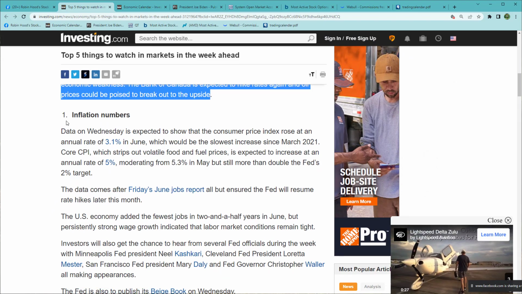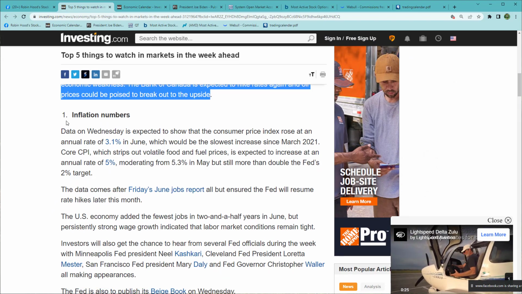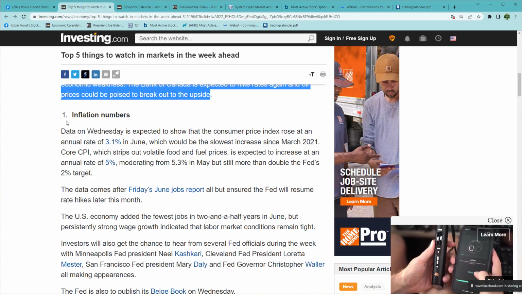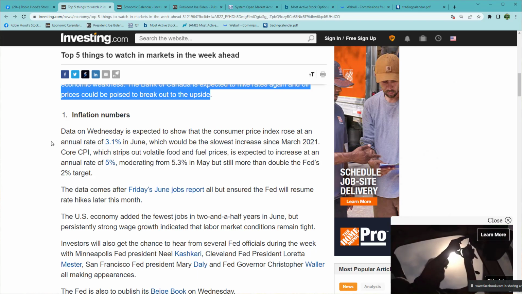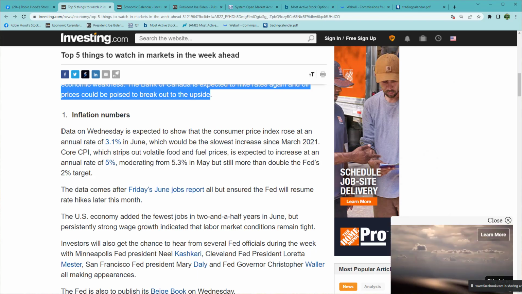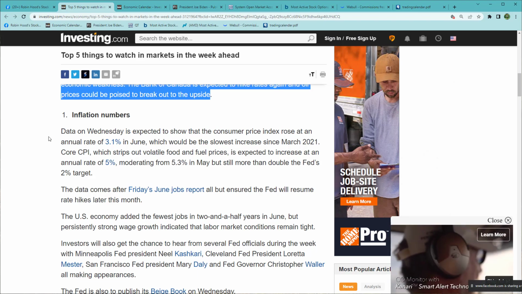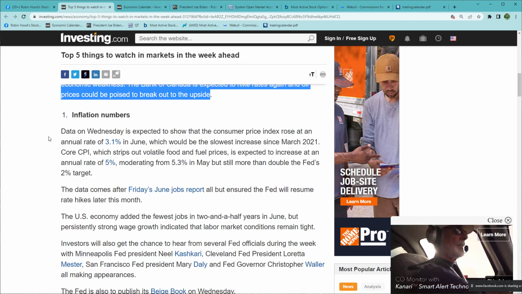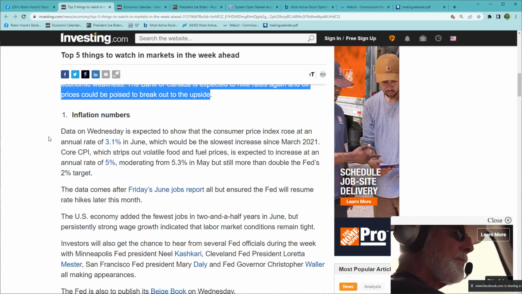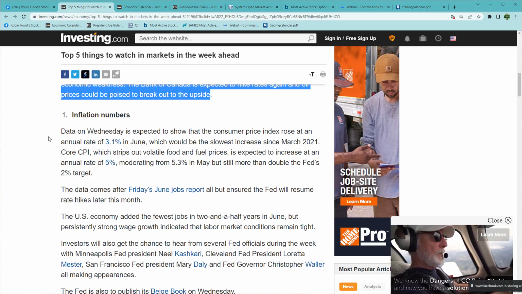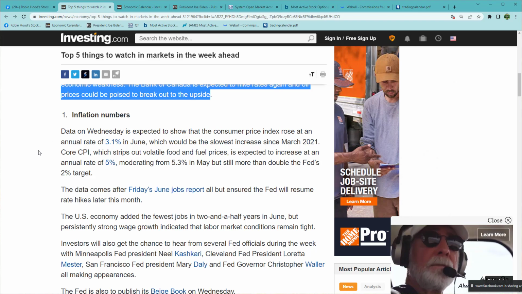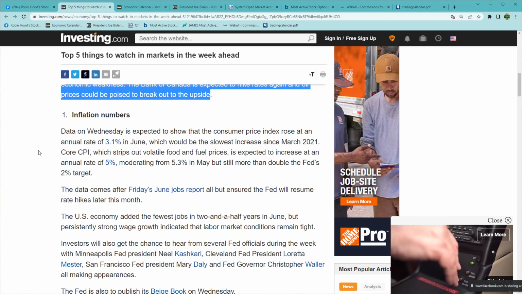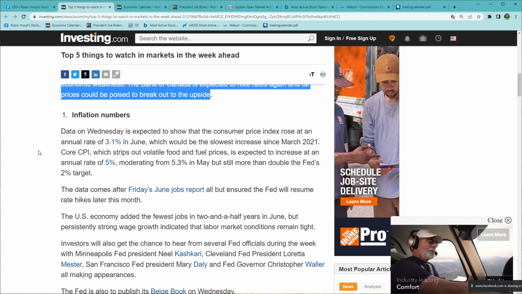So the number one thing that investing.com is recommending to focus on is the inflation numbers. And that's something that we've definitely been talking about, but they're saying that the data on Wednesday is expected to show that the consumer price index rose at an annual rate of 3.1% in June, which could be the slowest increase since March 2021.